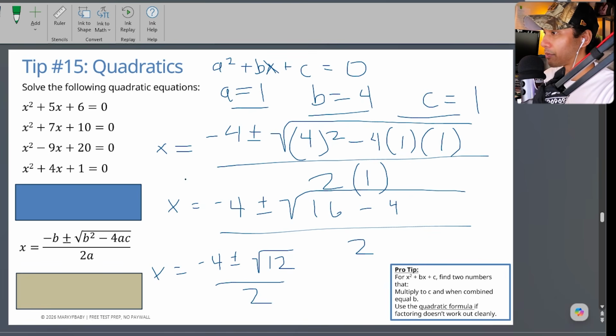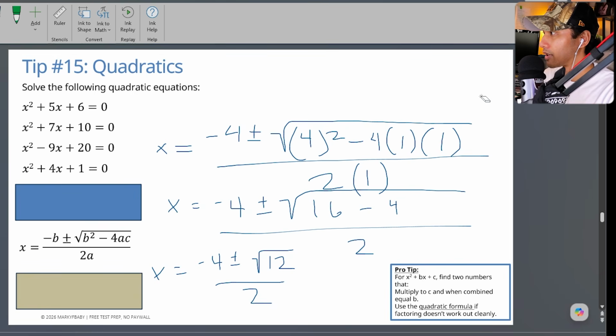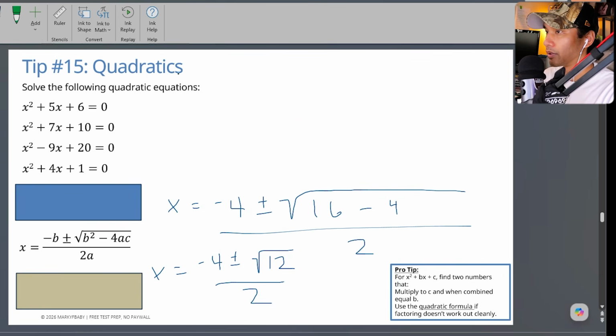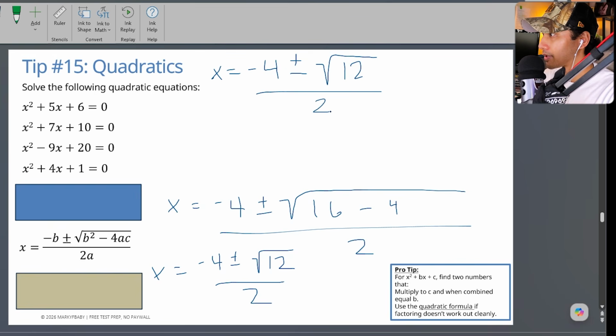And again, this isn't a perfect square. So there's another thing I'm going to teach you.